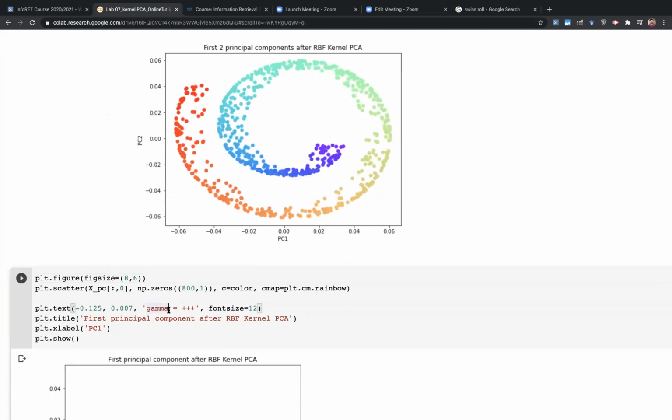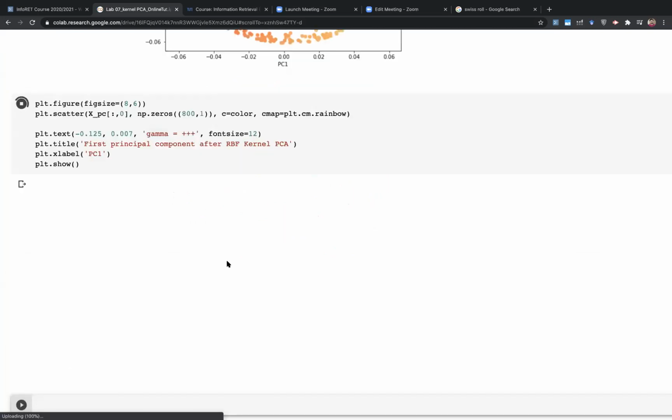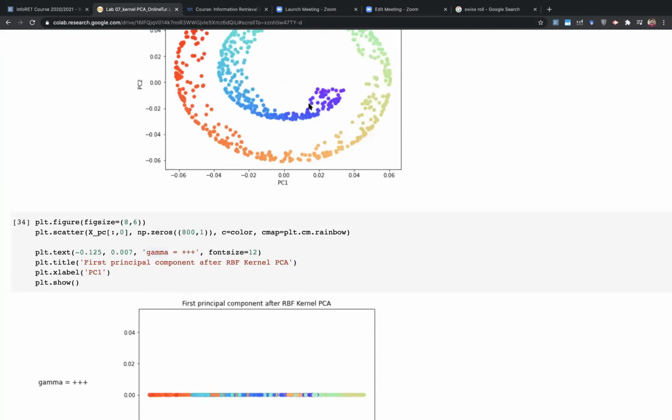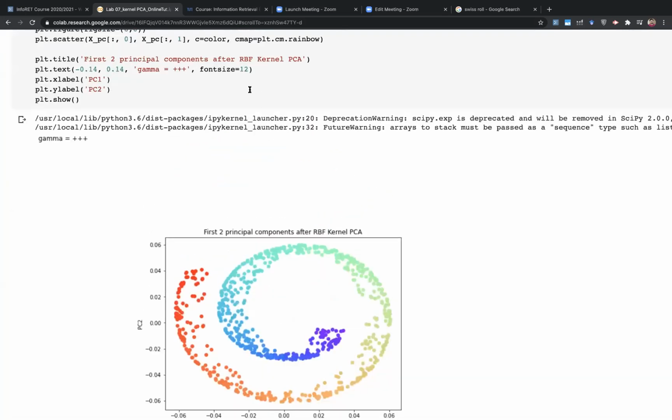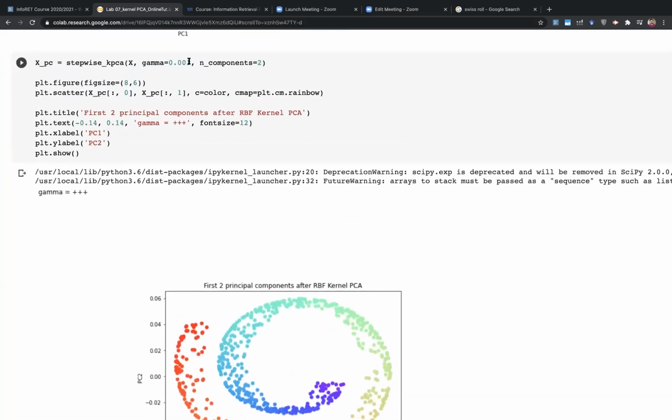But you see, if you go to very low values, then it's the same as a linear PCA, because you have chosen such a low gamma. In fact, as gamma approaches zero, we can show what's happening to this function. If gamma approaches zero, it means sigma is approaching infinity.